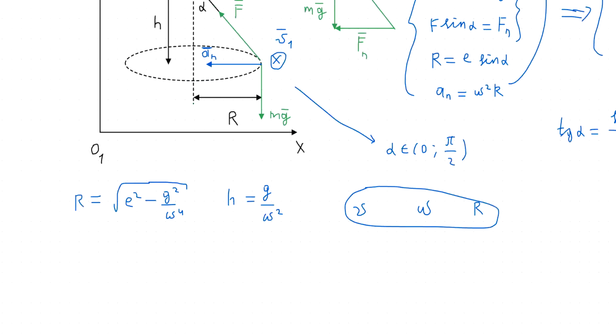Okay, the connection is V is equal to omega multiplied by R. It is from kinematics, and so it will be omega multiplied by this square root.